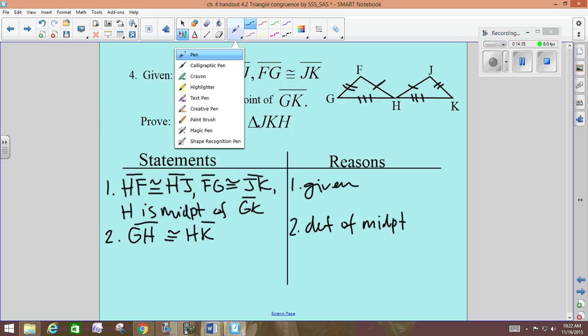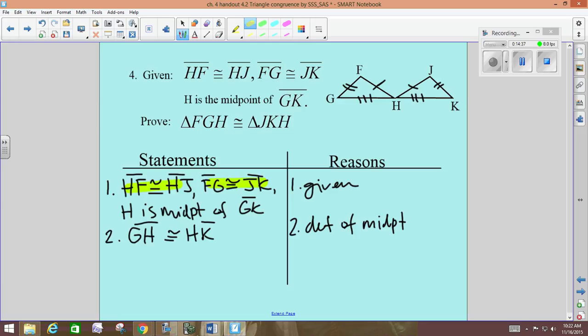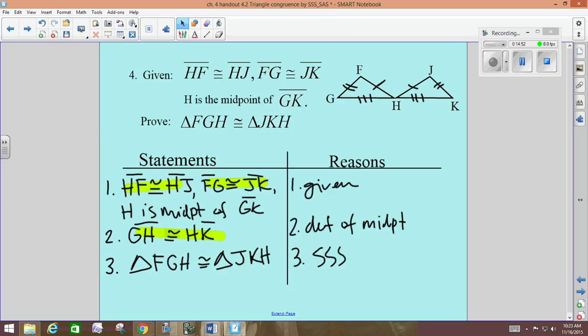You have to double check that you have all 3 sides in your proof, which you do then. So then step 3, you're going to write triangle FGH is congruent to triangle JKH by side, side, side. Okay, you have to make sure you have all the parts in your proof. Can't skip anything. Questions on that proof? Neat.